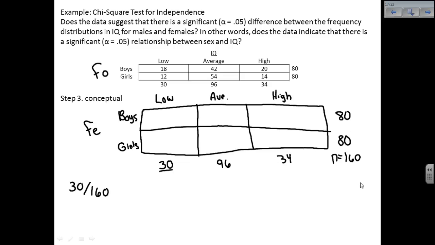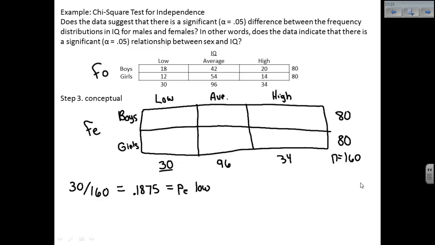So if 30 out of 160 people in our study, not thinking about sex, have a low IQ, then we could say that 0.1875 would be the proportion that we would expect for boys and the proportion that we would expect for girls having a low IQ. So this is the PE for the low IQ.